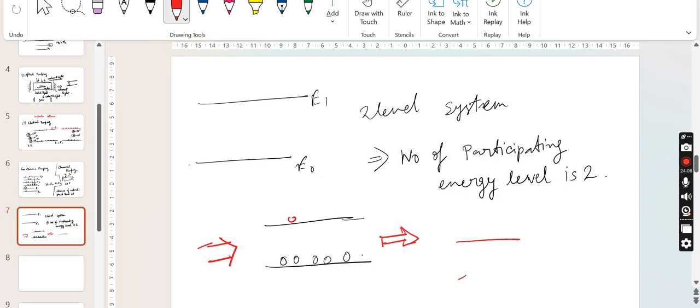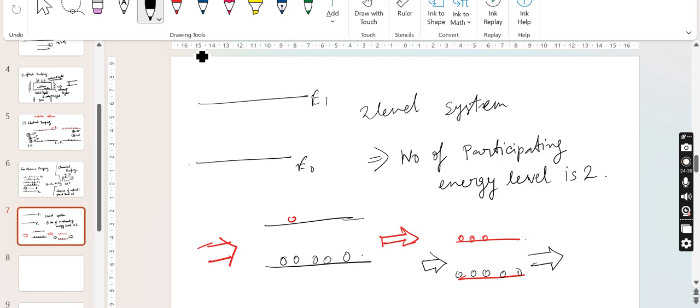After some time, what happens? The population inversion is being achieved. Whatever the input beam, the output beam becomes more intense than at the previous stage.